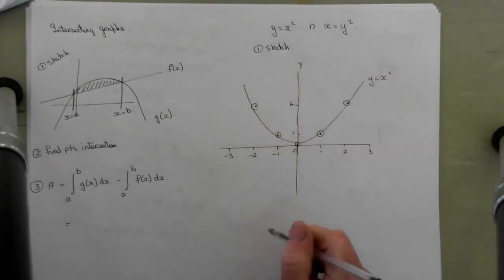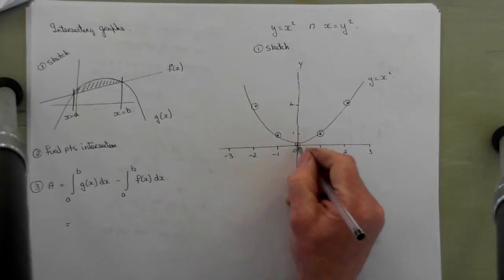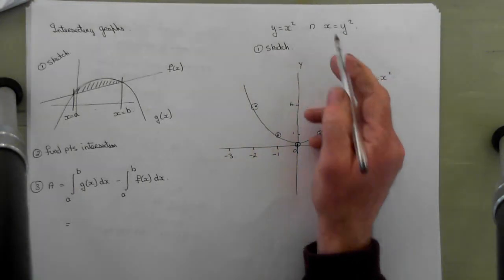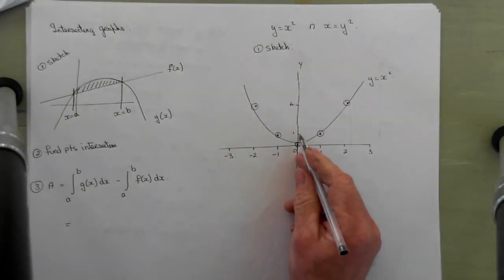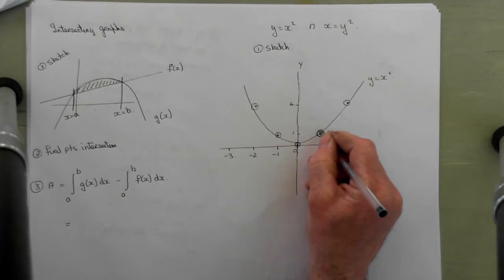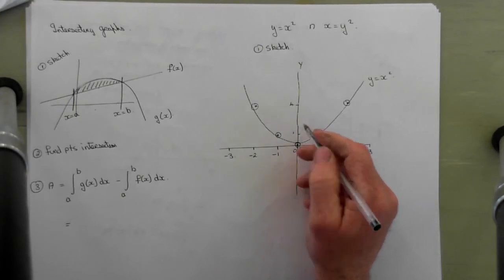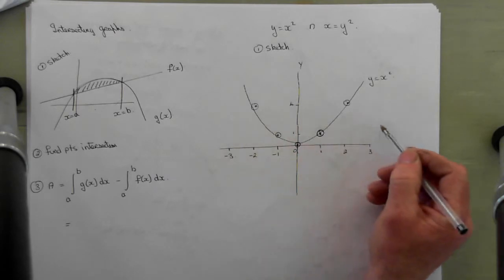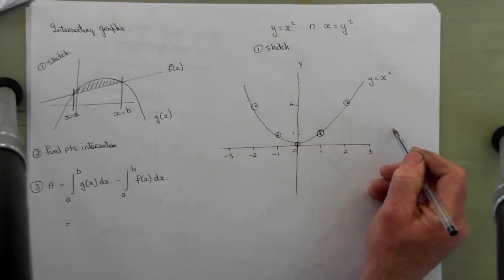X equal to y squared. I take the y values first. When y is 0, what's x? 0. When y is 1, what's x? 1. When y is 2, what's x? 4.